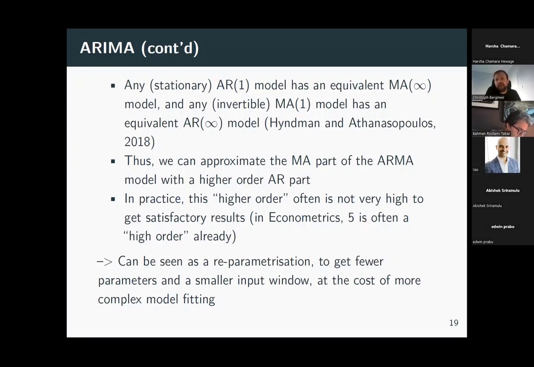In practice, this higher order is often not even that high. So, well, you can use, I don't know, 20 or 50 or something like that. In econometrics, people often use AR2, AR3, and then AR5 is already quite high order. So in that sense, you don't really need this MA part. I see it more as a reparameterization to get fewer parameters and smaller input windows at the cost of more complex model fitting.